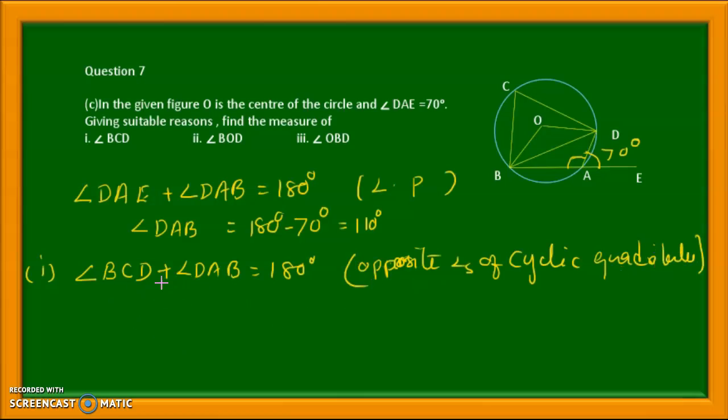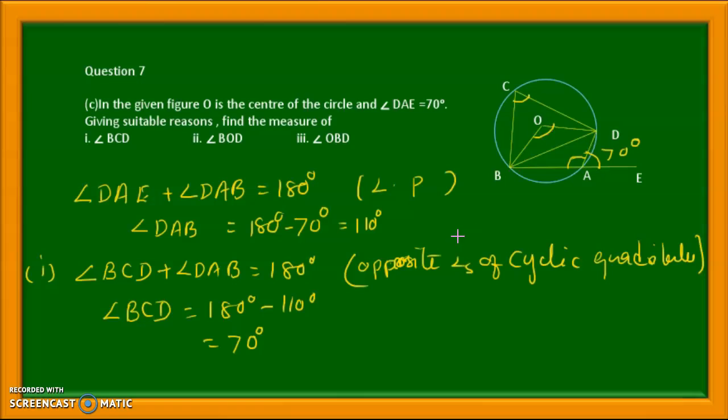So one angle we already got, the other one we can calculate. BCD equal to 180 minus 110, so again we get 70 degrees. So angle BCD is equal to 70 degrees.